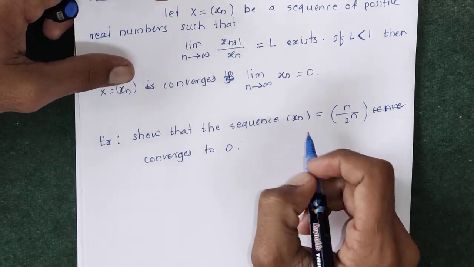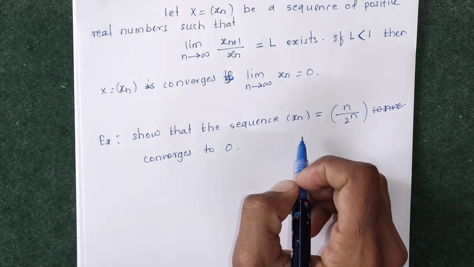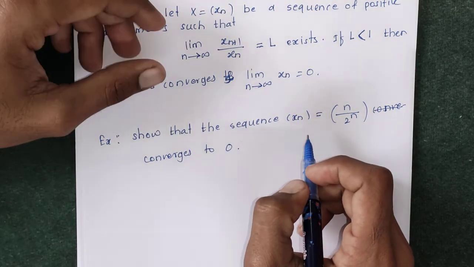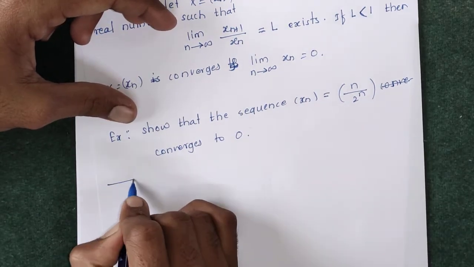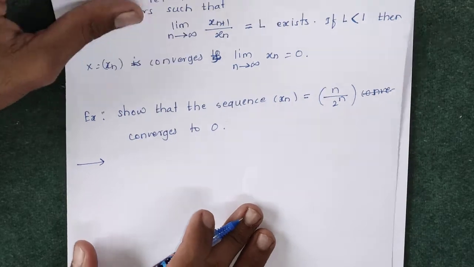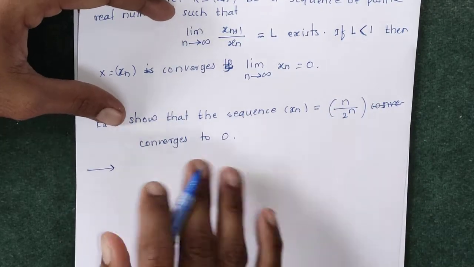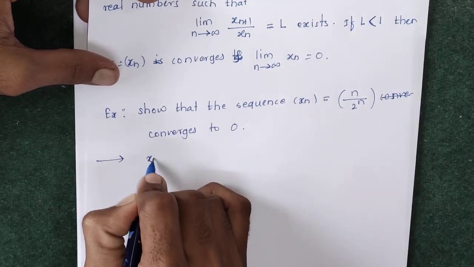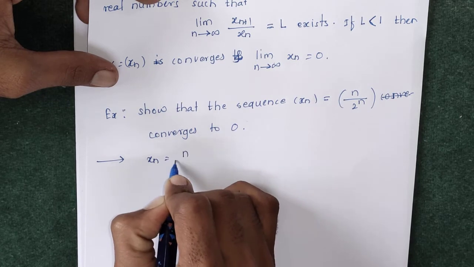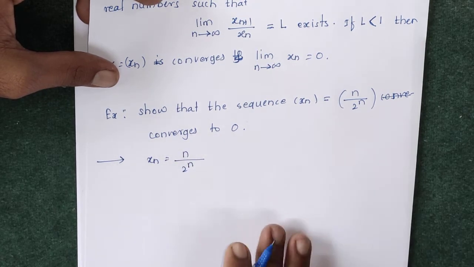Show that the sequence xn equals n upon 2 raised to n converges to 0. So here clearly we have been given that xn is equal to n upon 2 raised to n.